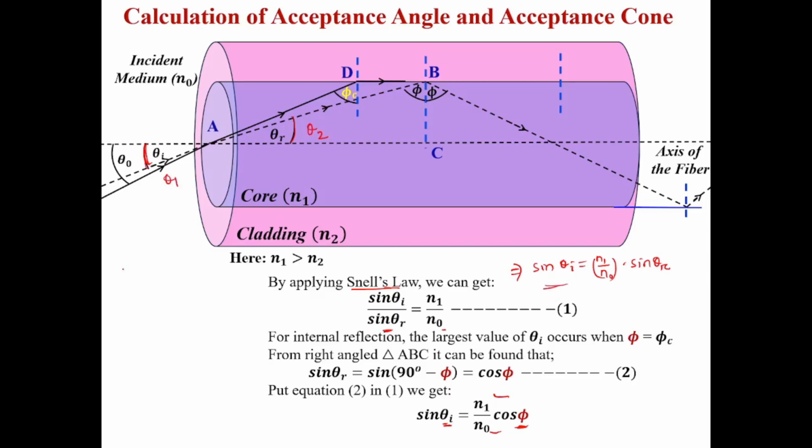So this expression will be written as sin theta 1 equal to n1 by n0 into sin theta 2. So obviously sin theta 2 will be equal to n0 by n1 into sin theta 1. Here n0 is nothing but the refractive index of the medium from which the light is incident on the face of this fiber. So this expression we are going to use there. Okay, instead of sin theta 2 we have to use n0 by n1 into sin theta 1.